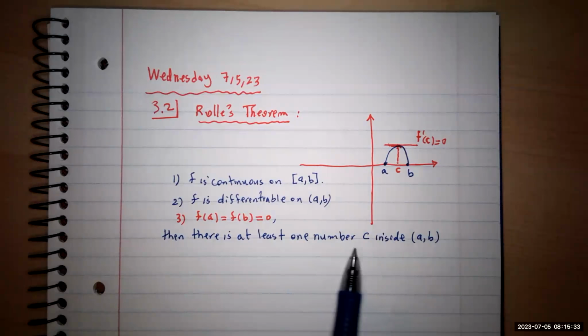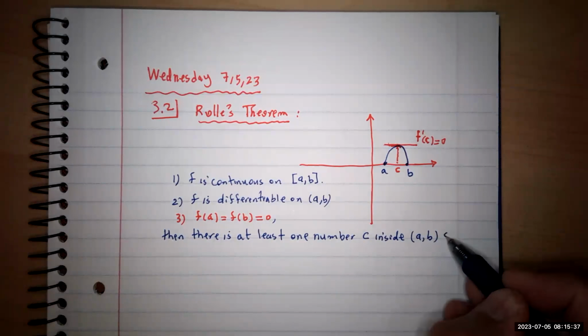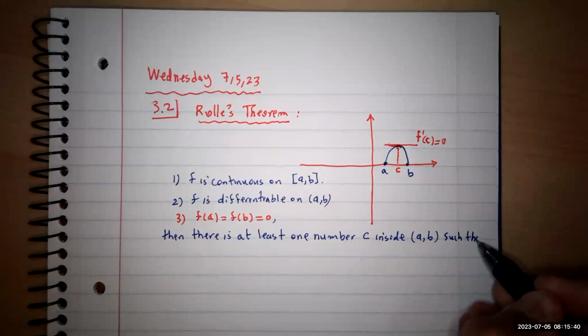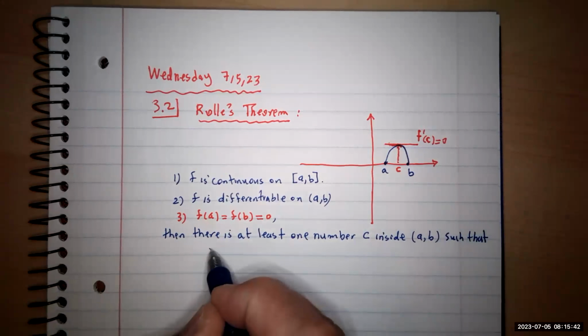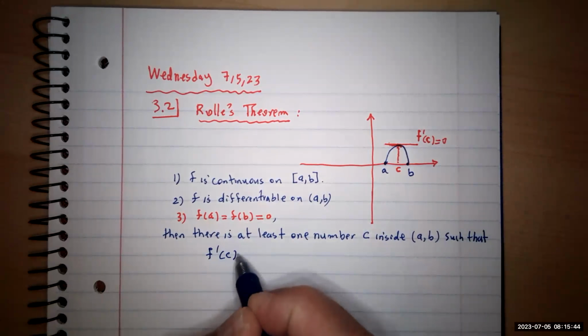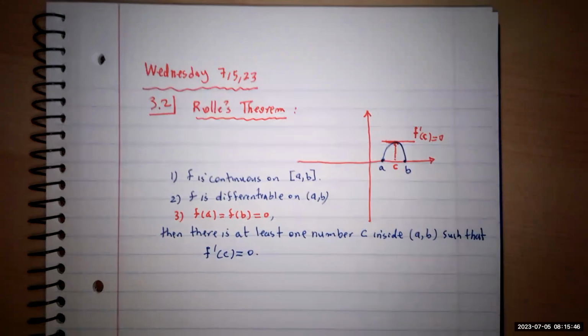So there is at least one number C inside A and B such that f prime of C is equal to 0. That's it. That's Rolle's theorem.